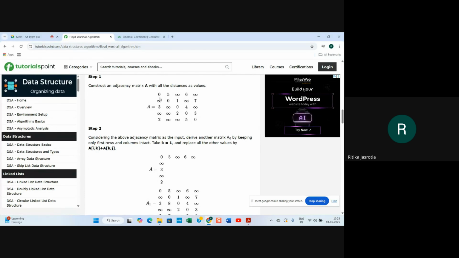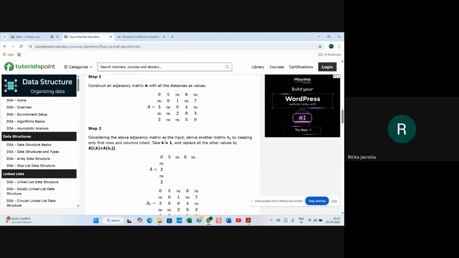In a matrix, the index numbers are 0, 0, 0, 1, 0, 2, 0, 3, 0, 4, right? 1, 0, 1, 1, 1, 2, 1, 3, 1, 4, like that. So this is 1, 1 position. Because these first row and first column we are keeping as it is in our matrix, and this we have to now calculate.